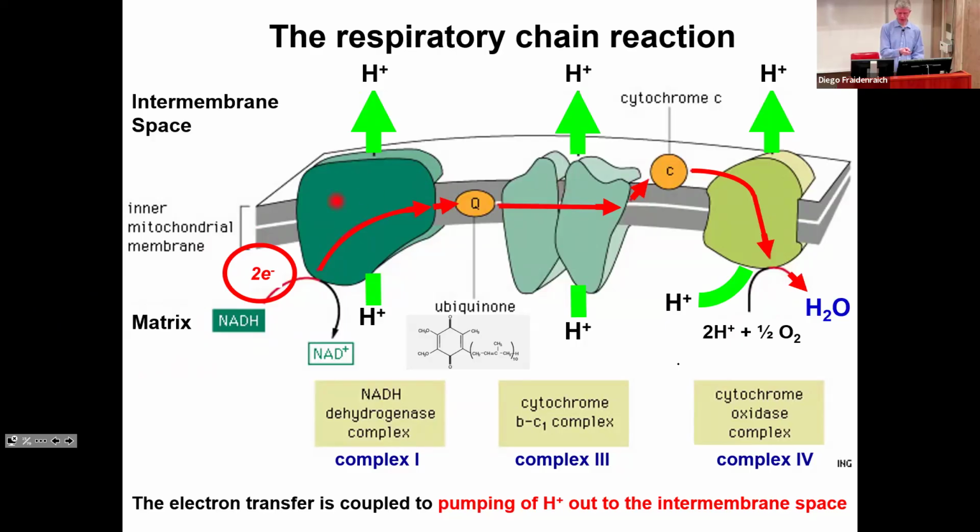All these complexes, like 1, 3, 4, pump protons from the matrix to the intermembrane space. This means the intermembrane space will become more positively charged, whereas the matrix will become negatively charged. So there is a proton gradient established between matrix and intermembrane space.